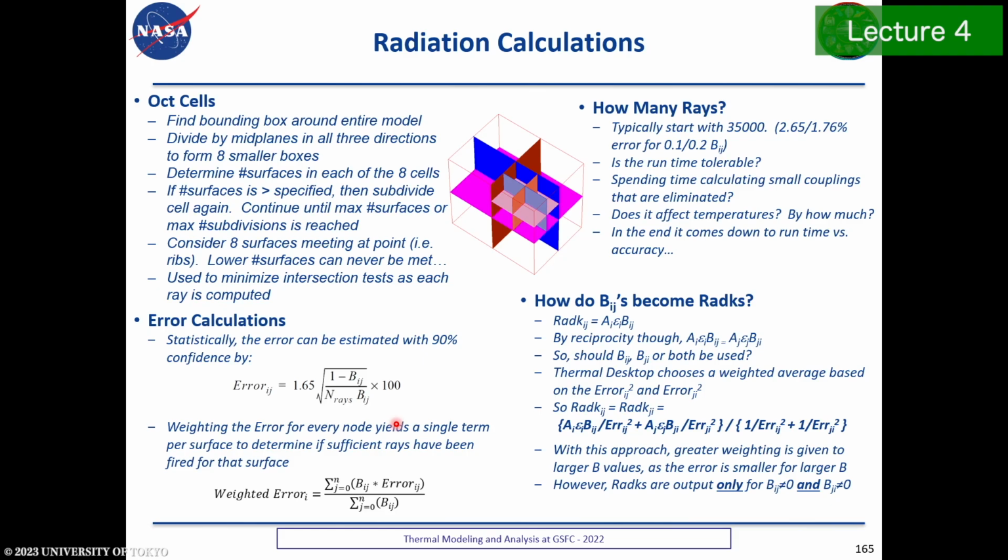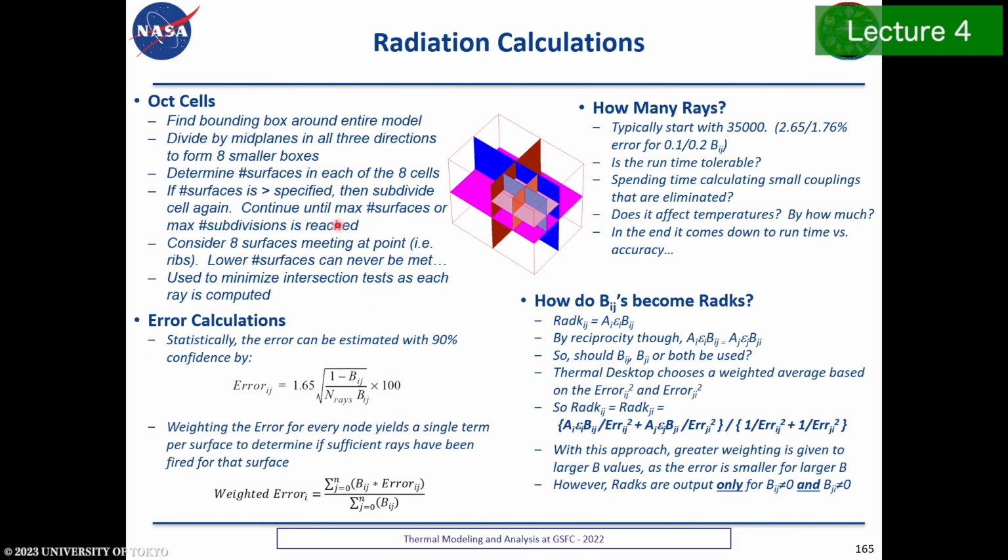And it doesn't matter how small I shrink the oct cell about that node, there will always be 8 surfaces in that cell. So you don't want to do 3 surfaces, or we'll keep dividing without making an improved oct cell.